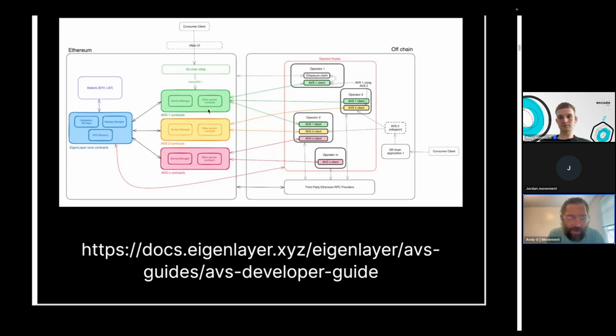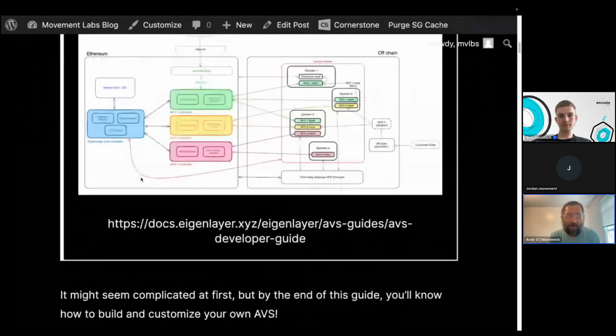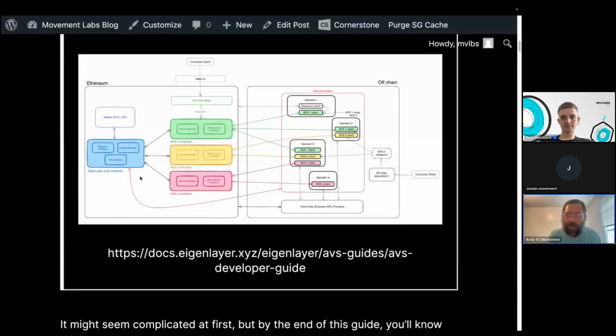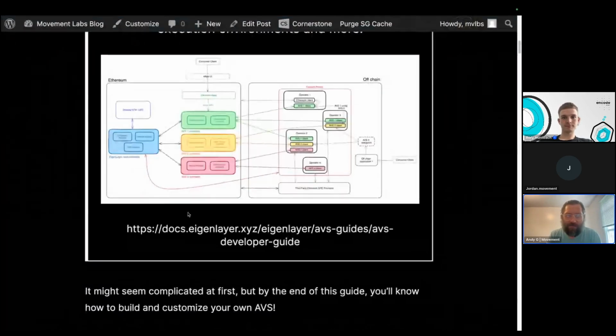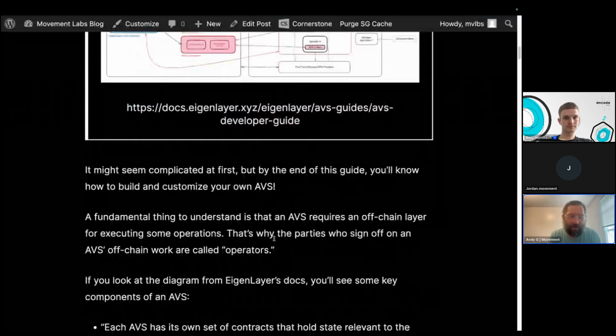And then they have other service contracts that do specific things for their specific AVS. And EigenLayer itself has core contracts for its AVS directory and delegating, everything that they do just as a layer in itself. So I put a link there. You can look at EigenLayer's resources.